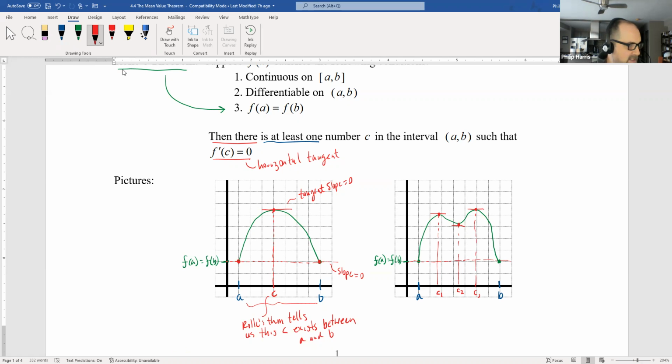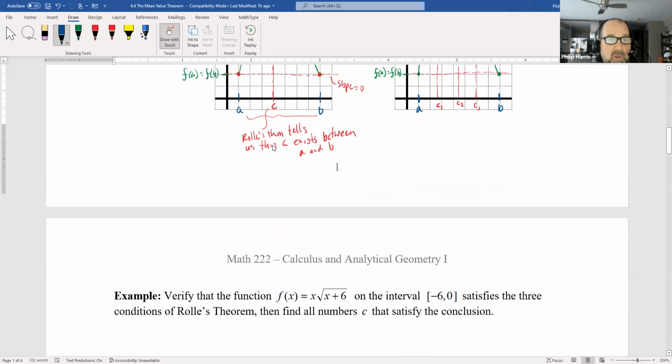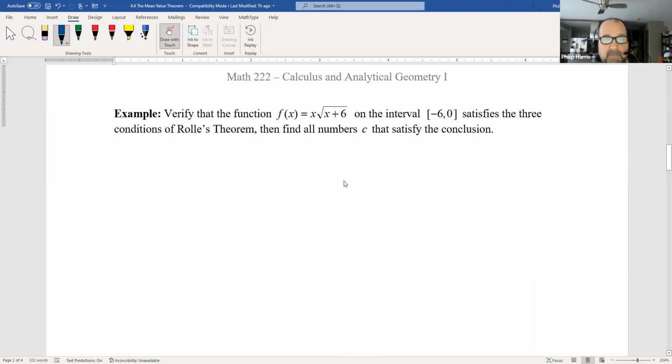All right, so let us try an actual example here. Let's use this function as a demonstration. These questions are really more a demonstration that the theorem works rather than a solution to some sort of application or calculus problem.